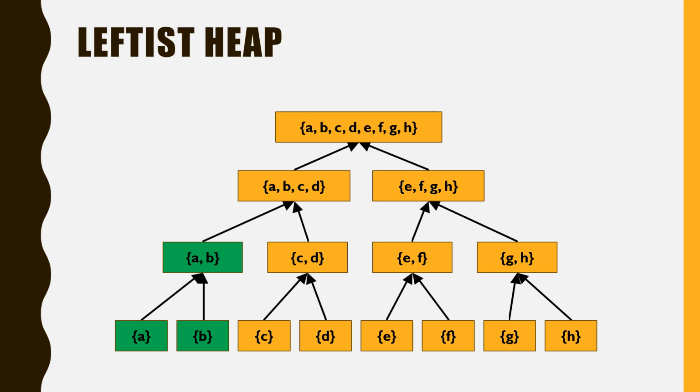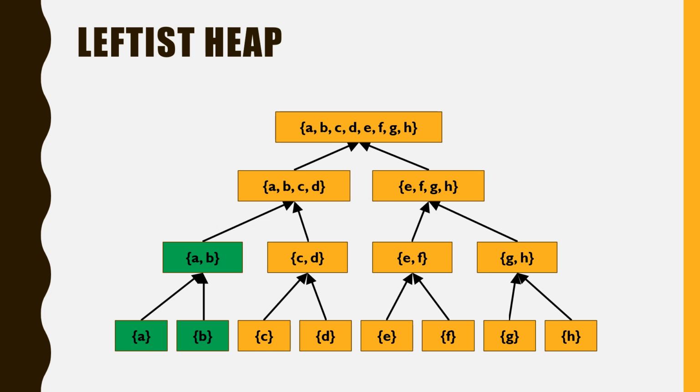Initially, each element forms its own single element heap. Consider the recursion tree shown here. In the bottom layer, each box represents a single element heap. The first heap contains A, the second contains B, and so on.